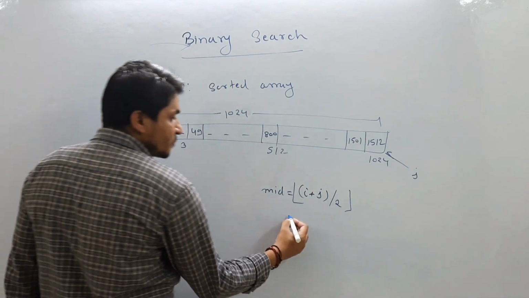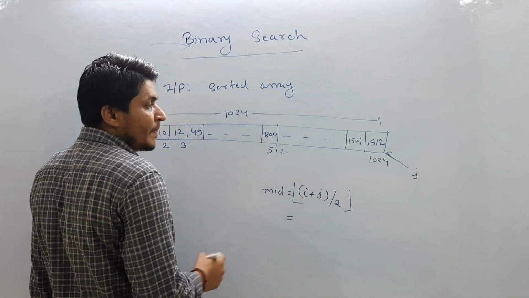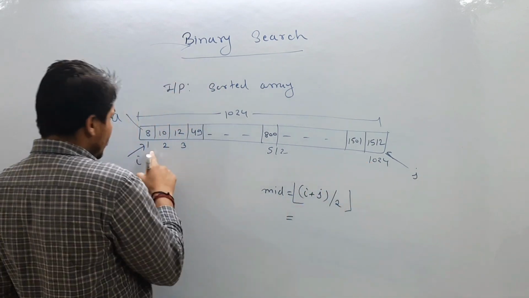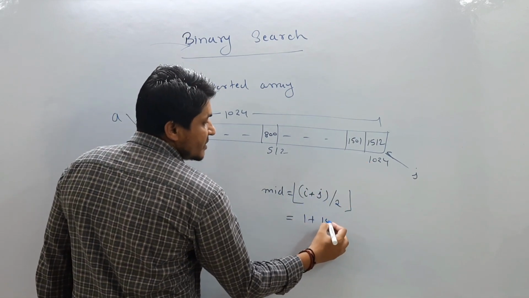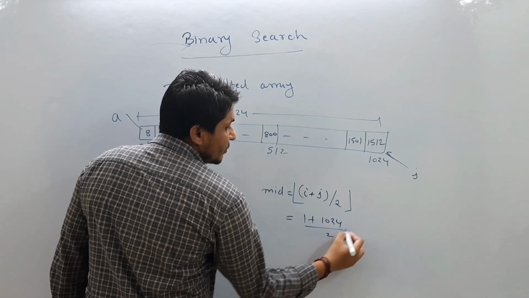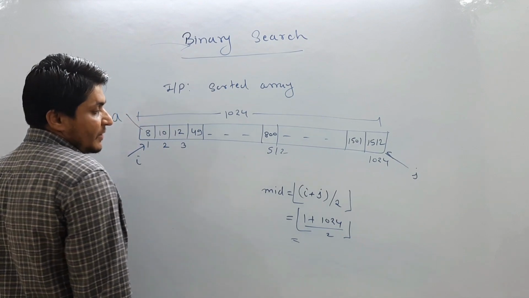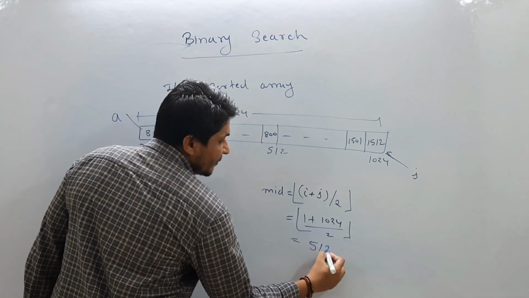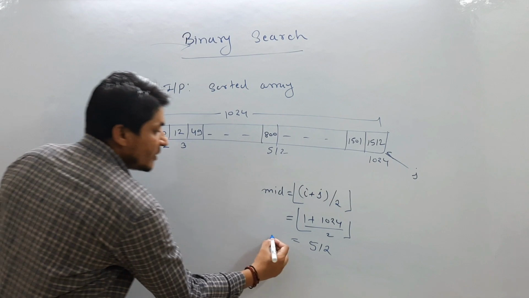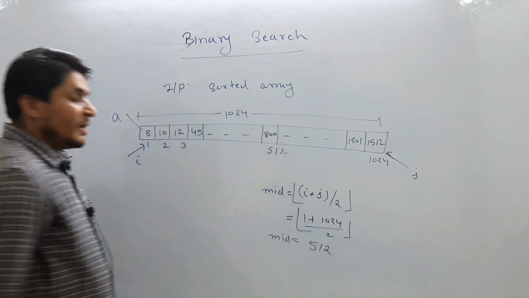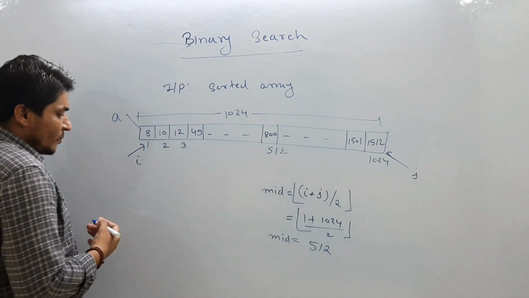So let's say now i is 1, and j is 1024 in this case. If you divide by 2 and take the floor, it is going to be 1025 divided by 2, so it is going to be 512. So now mid is 512. Let us assume one scenario.